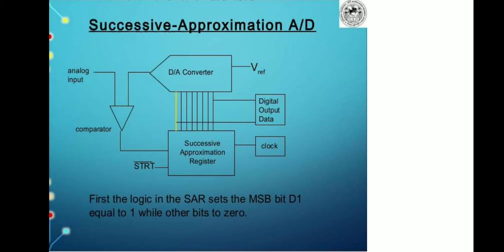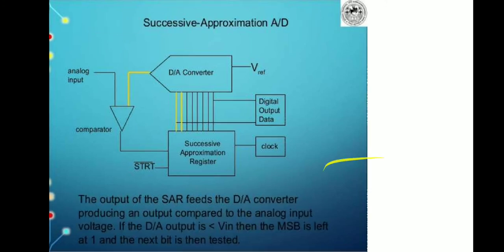Then first, as shown in the figure, the logic in the SAR sets the MSB bit D7 equal to 1 while the other bits are 0.